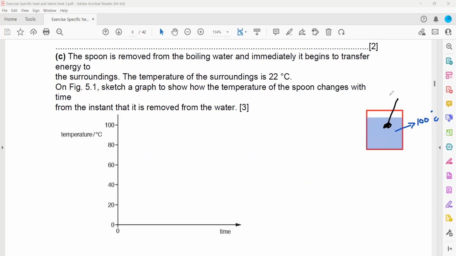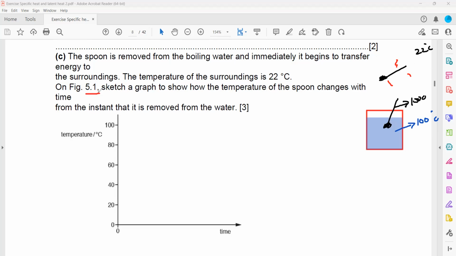The spoon is removed, so what is the temperature of the spoon? Because it was in boiling water, it will also be 100. Then we remove the spoon outside and the surrounding temperature is 22. So the spoon will start to give out energy to the surroundings until it reaches thermal equilibrium, where the temperature of the spoon is the same as the surrounding temperature.